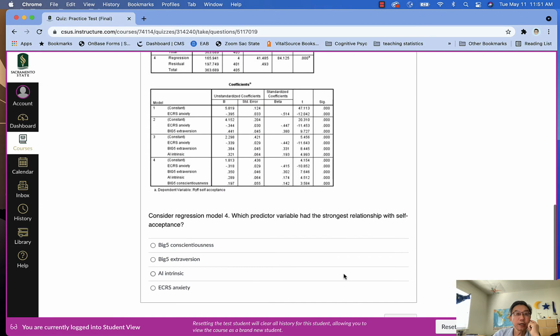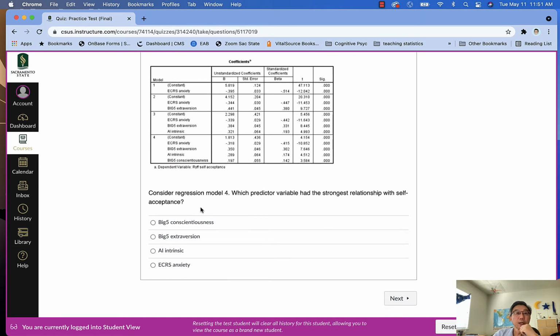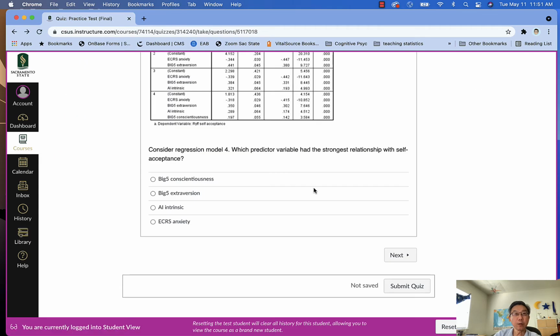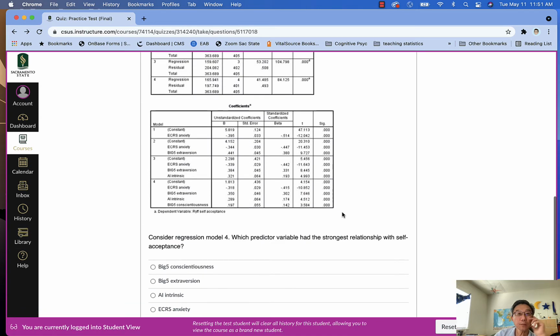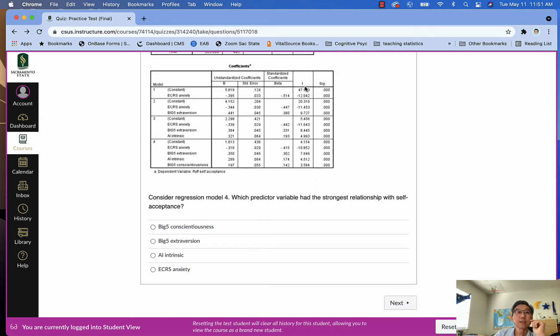Next question is about regression model number 4. Which predictive variable had the strongest relationship with self-acceptance? Now, which one has the strongest relationship? For that information, we would look for the standardized regression coefficients.